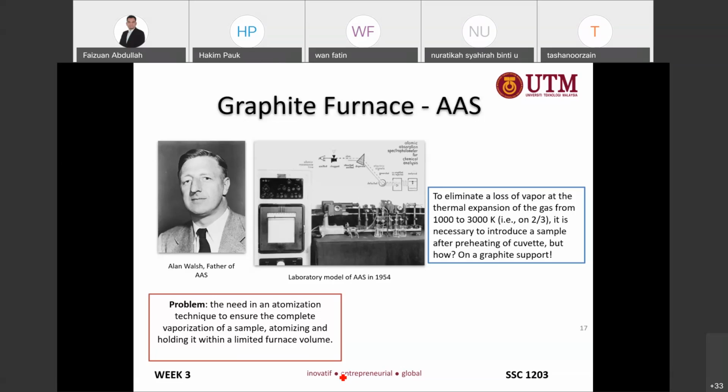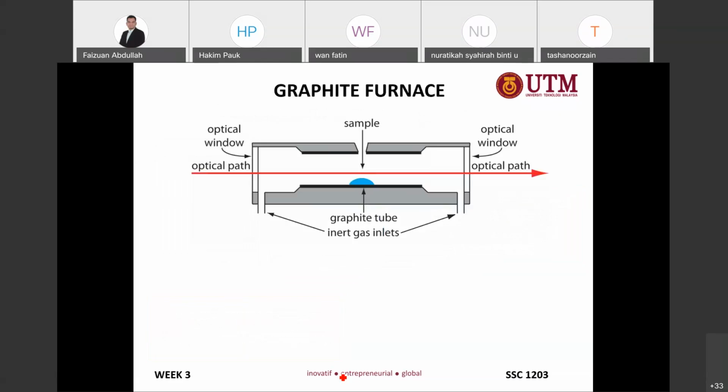So the need in atomization technique is to ensure complete vaporization of a sample, atomizing and holding it within a limited furnace volume. So the graphite furnace was invented.